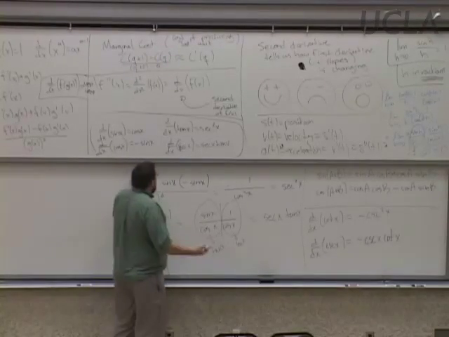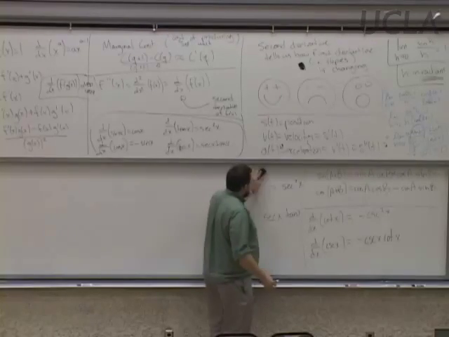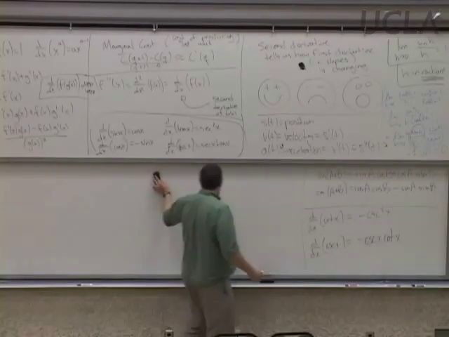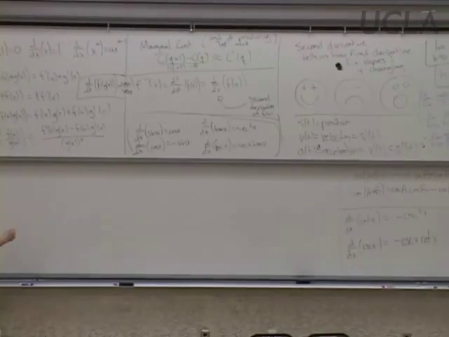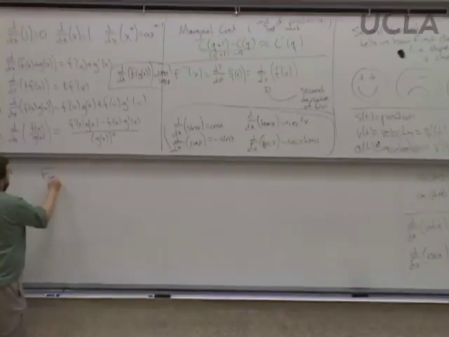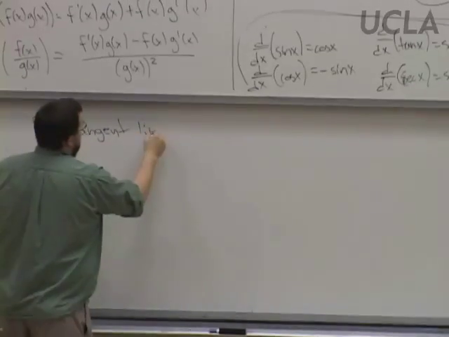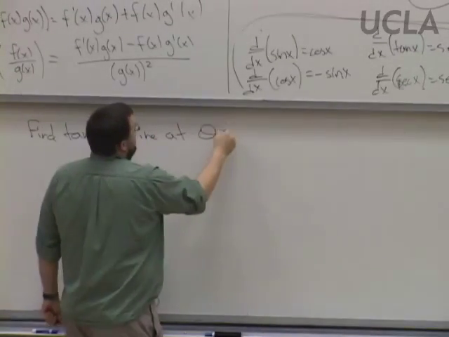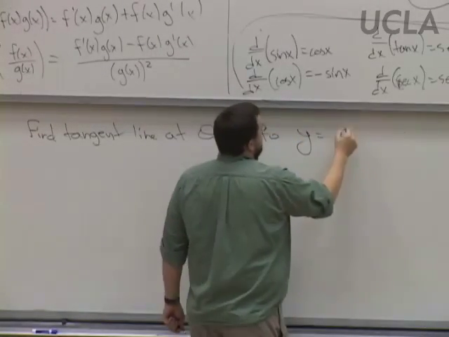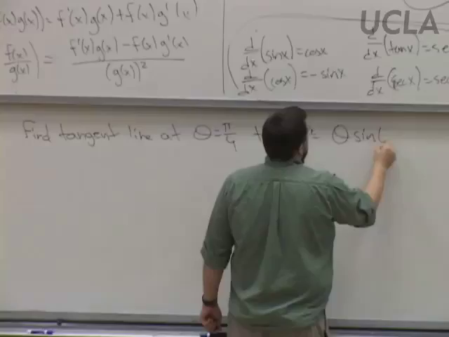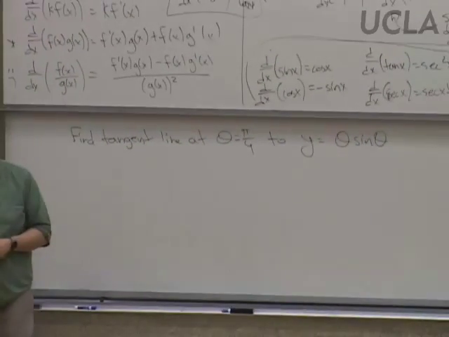The only difference is that we've just added more functions that we can take derivatives of. So we shouldn't be intimidated now. We're going to have the exact same kind of problems and use the exact same technique. So for instance, if I say find the tangent line at theta equals pi over 4 to y equals theta sine theta, what are we going to do?